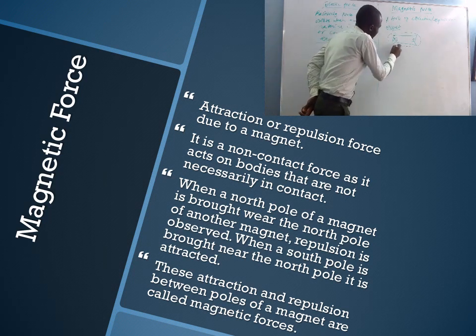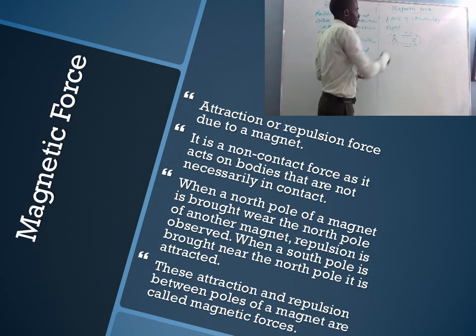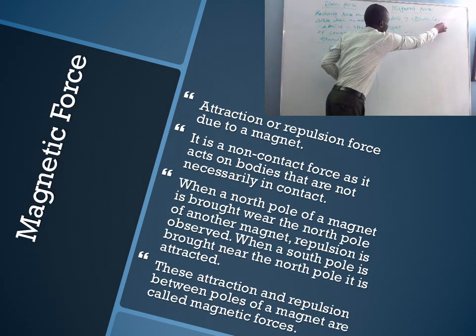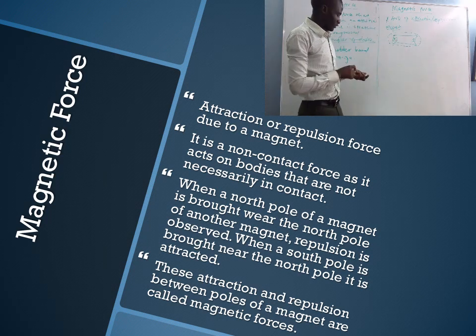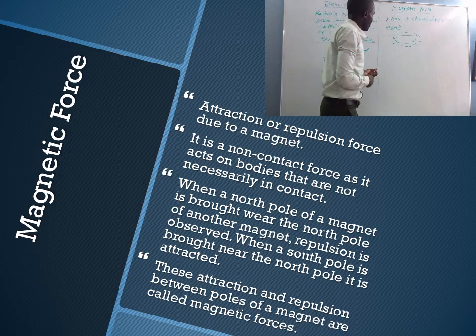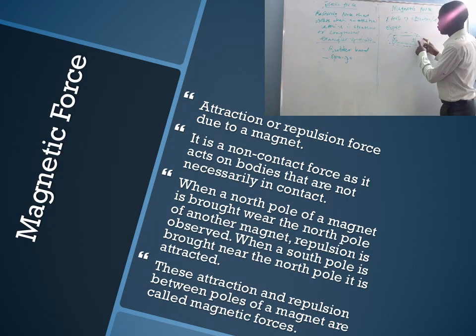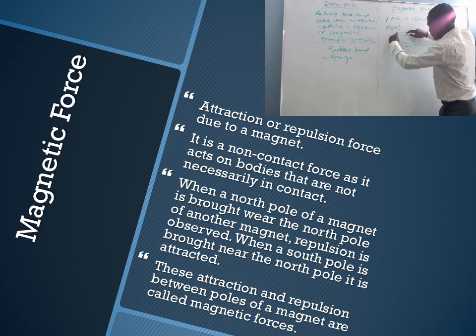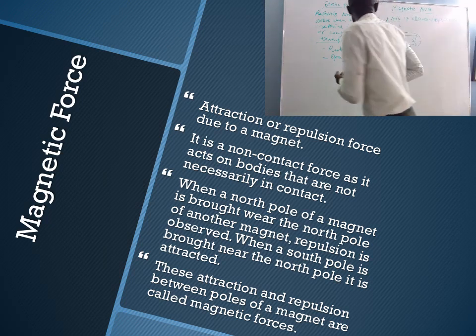Within the region shown by the dotted line, the magnetic force of either attraction or repulsion due to this bar magnet will be felt. If another bar magnet or a magnetic material is brought closer, or is within this boundary, then attraction or repulsion will occur.